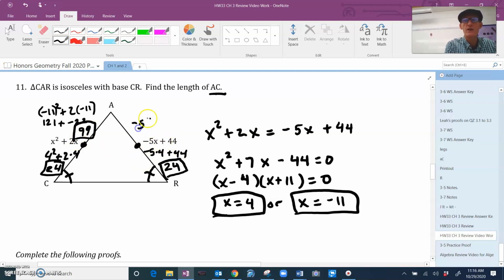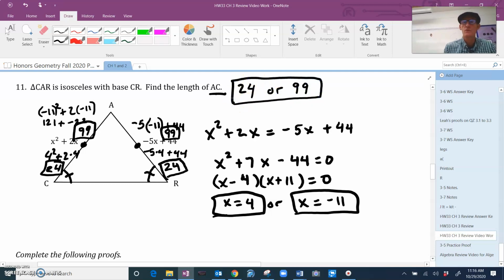Negative 5 times negative 11 is 55 plus 44. Yep, it's 99. So, to find the length of AC, it's two answers. It's 24 or 99. So that's a tough one, but not impossible.